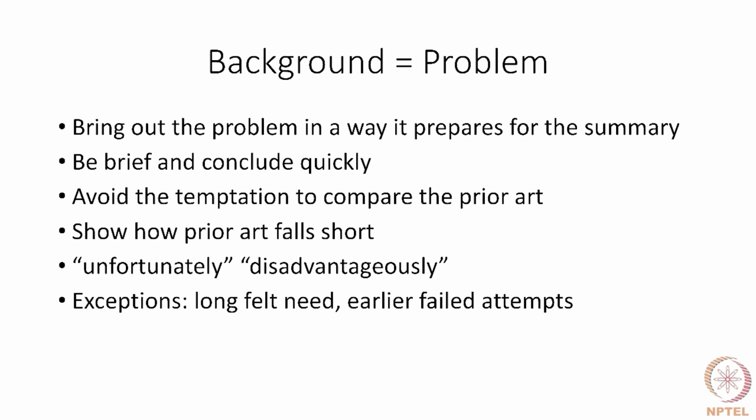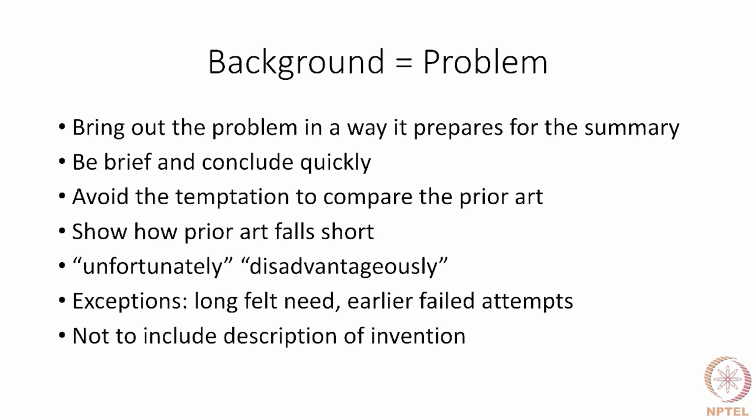Or if your invention is a successful attempt in achieving something which was previously attempted by multiple people and they've been failures, then you may have to even describe that to show that what you tried to achieve has been tried by others and all their attempts ended in failures. So these are exceptional cases where you may have to cover the background in some detail. Otherwise, you be brief and you conclude quickly.